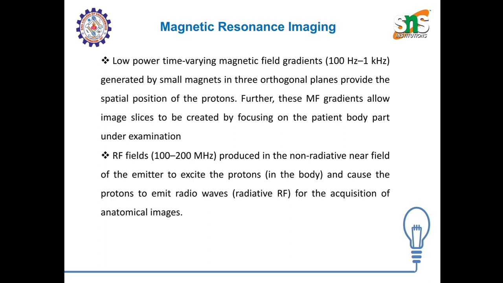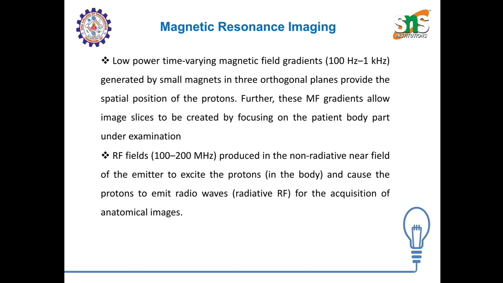Low power time varying magnetic field gradients in the order of 100 Hz to 1 kHz are generated by small magnets in three orthogonal planes, namely X, Y, and Z, providing the spatial movement of the protons.